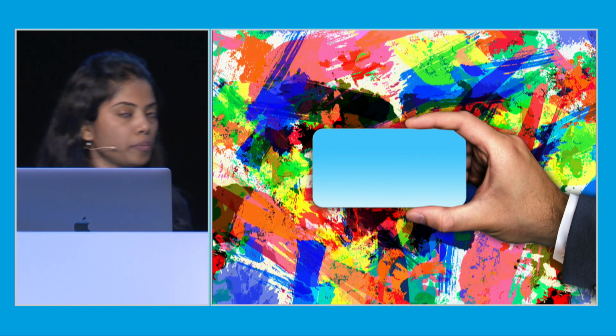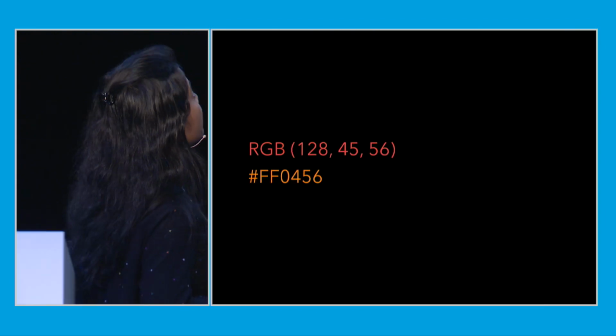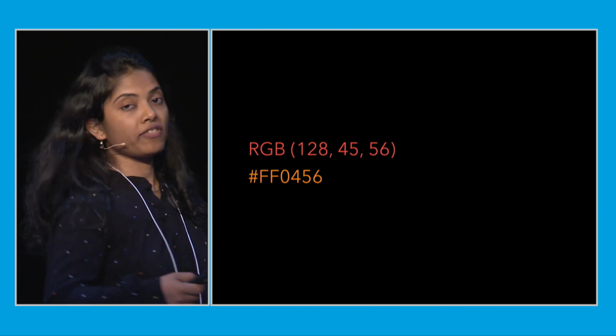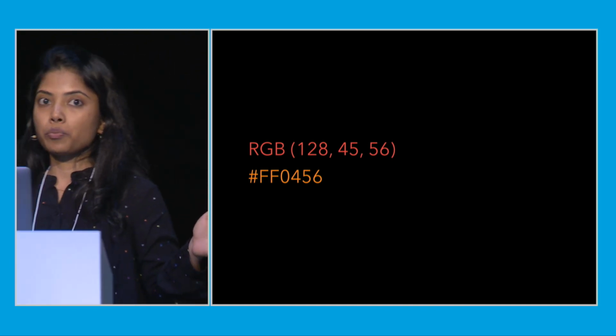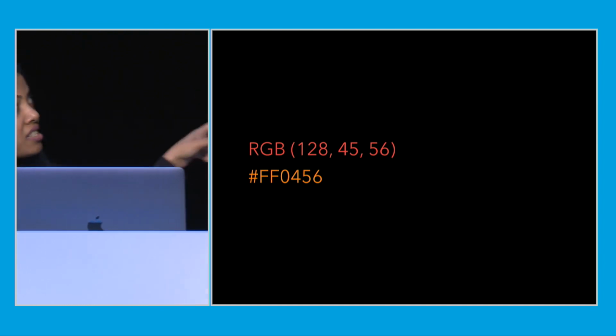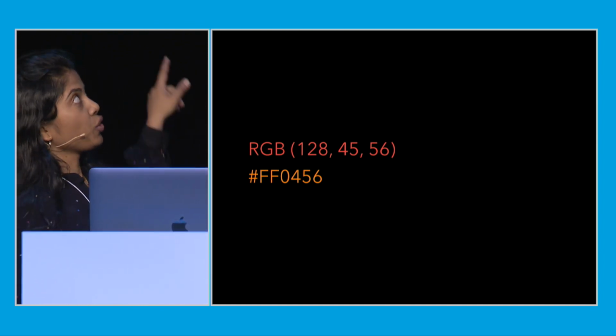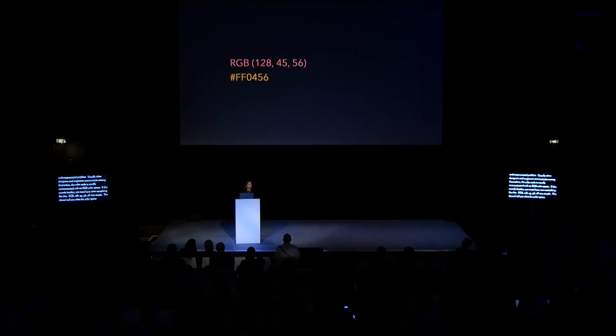Now, if this sounds familiar, you must have seen something like this: RGB, 128, 45, 56, very simple. This doesn't tell you what the color space is, but it is assumed that you know what that color is. Because everybody's using sRGB, aren't they?